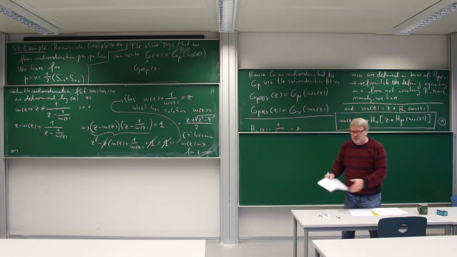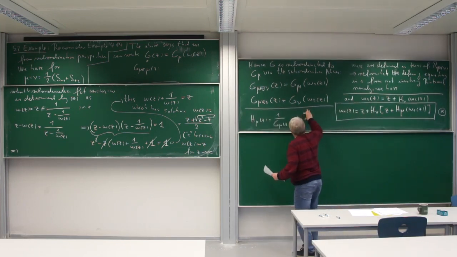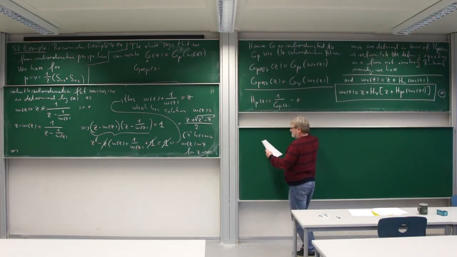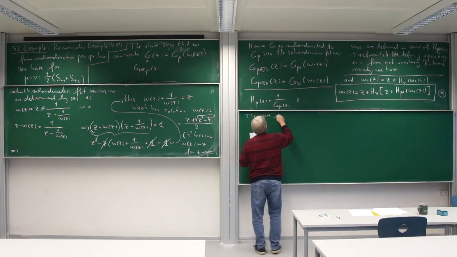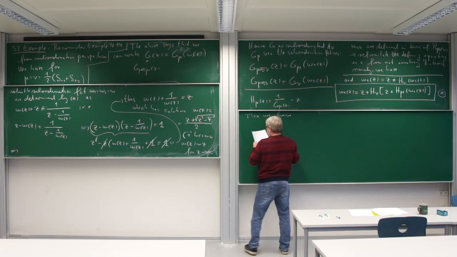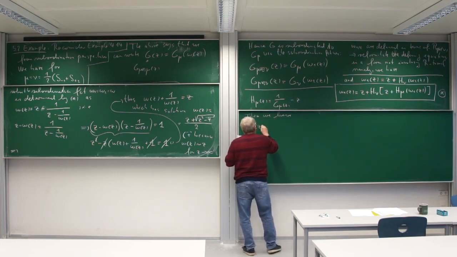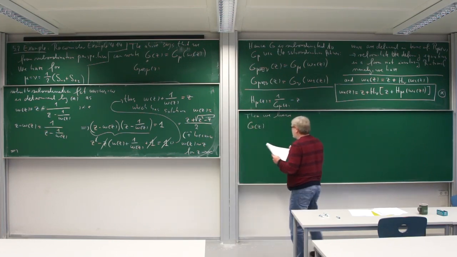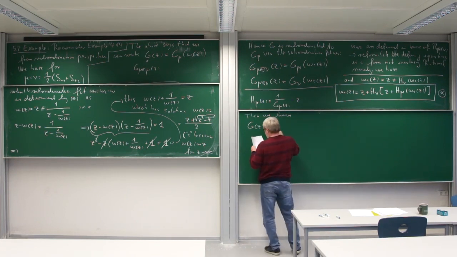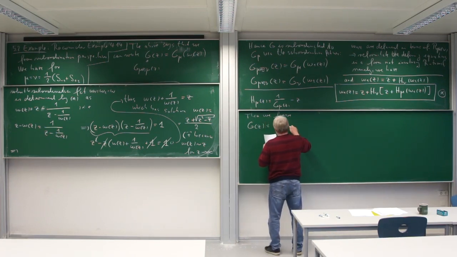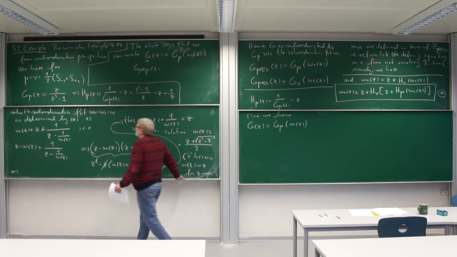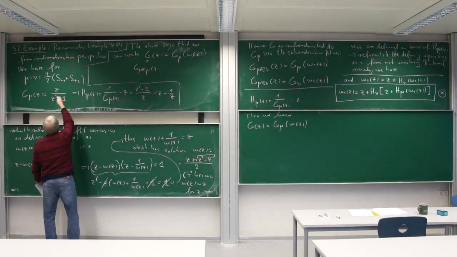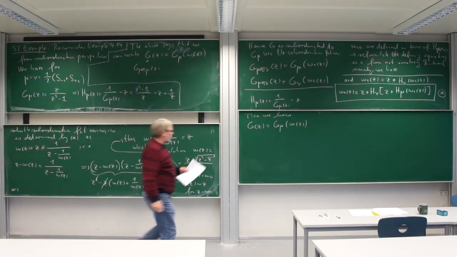Of course, we know what we have to get, but let us check to see if it's the same. So what does the subordination formulation tell us? That we get G of Z as G mu of omega of Z. And G mu, this was our starting G, this was the Z divided by Z squared minus 1.